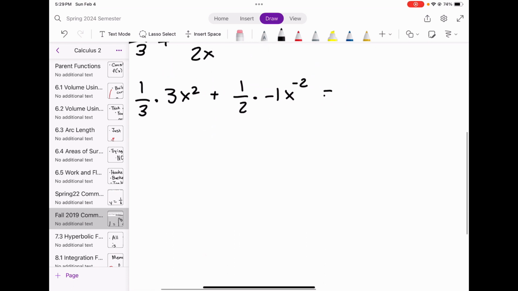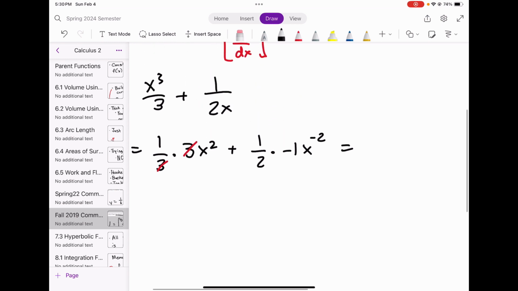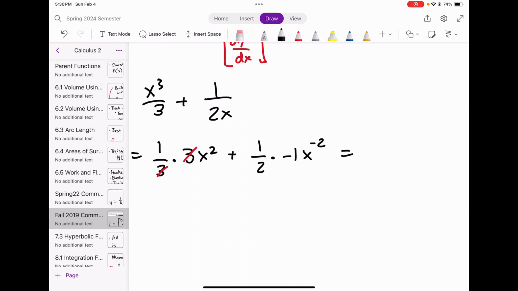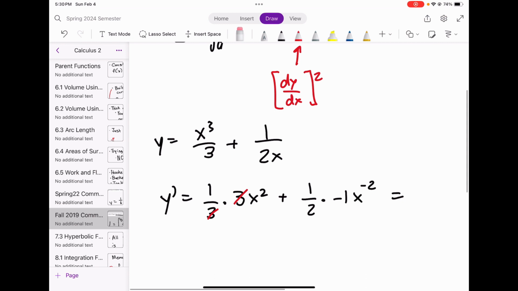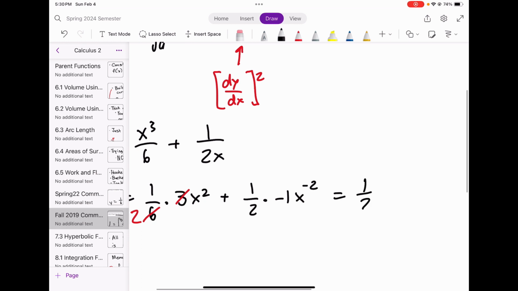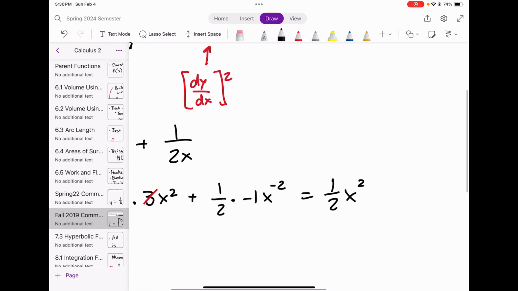I'm going to rewrite this so that the 3 cancels out with this 3. So that cancels out, and that gives us 2. So we're left with 1/2 x squared minus 1/2 x to the -2.